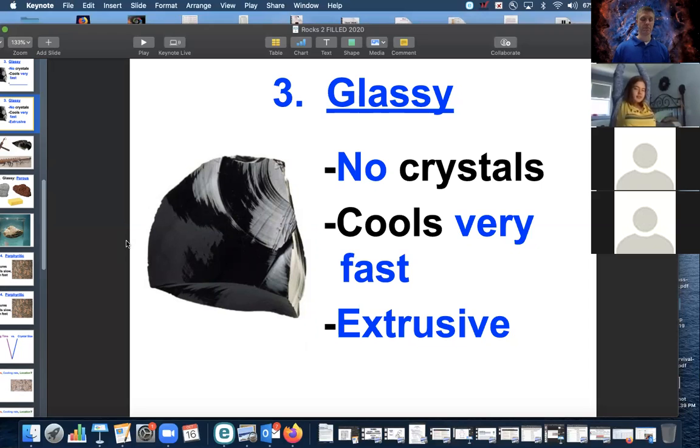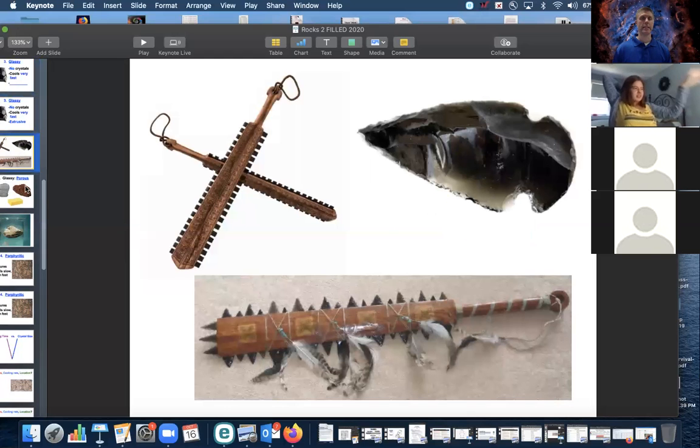I don't know, maybe if somebody had heard of that or not. And it is glass, essentially. A couple of pictures of it. It's been used for thousands and thousands of years for spear tips and arrowheads and weapons and all that stuff, because it's glass, it's sharp. Not very durable, but it's glass.